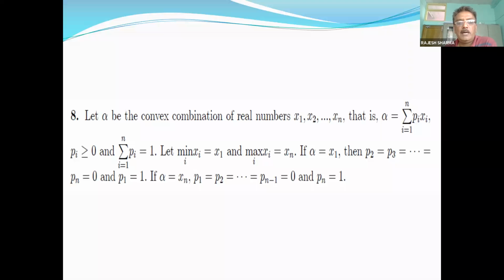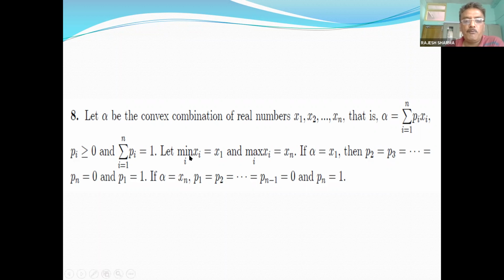Yes, anybody want to comment? Let alpha be a convex combination of real numbers x1, x2, up to xn. That is, alpha is equal to the sum of pi xi, where pi are non-negative and the sum of pi is equal to 1.